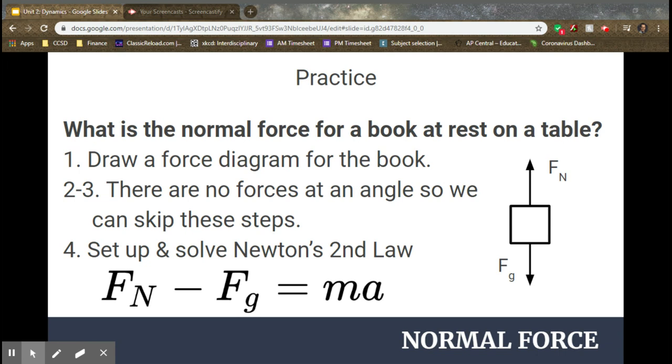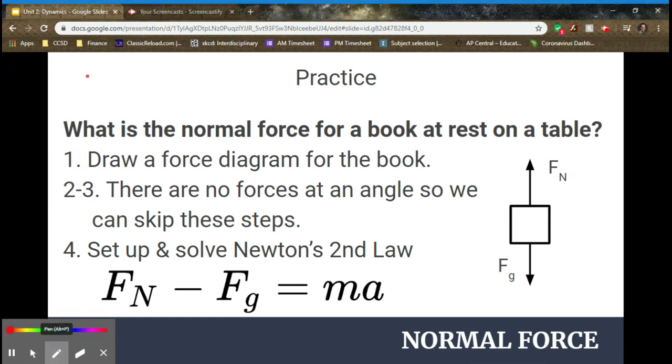Well, Newton's second law is the sum of the forces, or my net force, equals mass times acceleration. From there, I need to look at my net force. Well, I've got two different forces that are acting in the y direction. I'm looking at the y direction because there are no forces in the x direction. So remember that up tends to be positive.